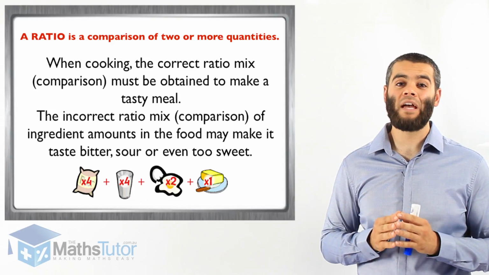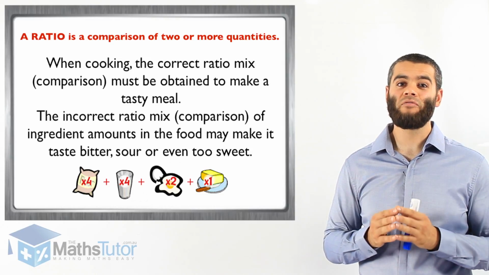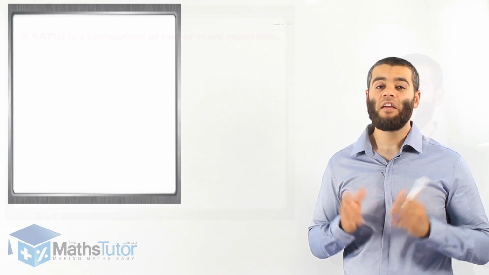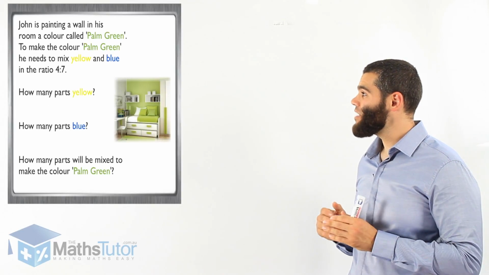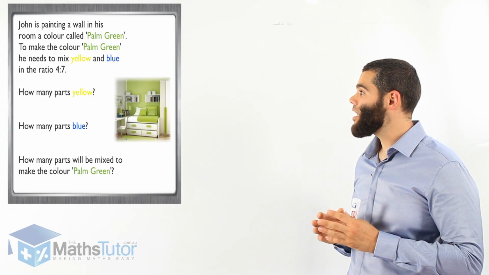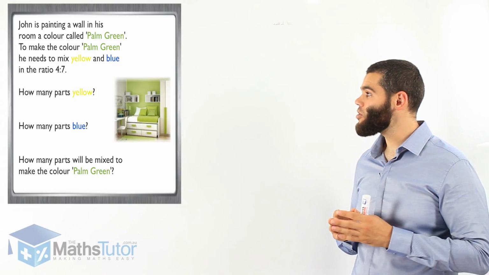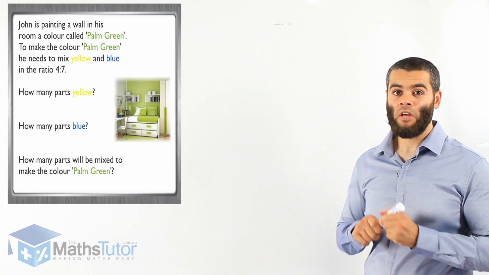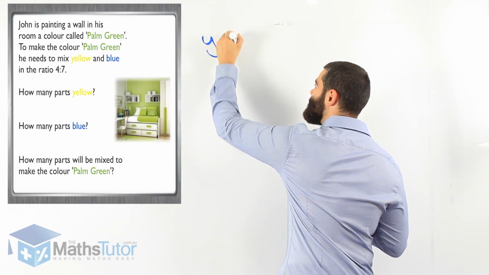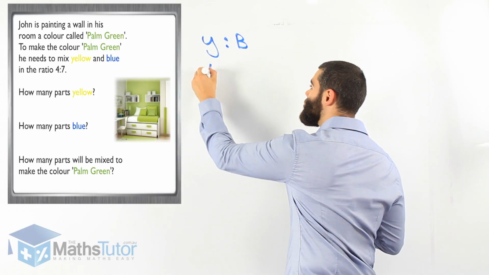Now we're going to look at some examples to see how ratios are used and how we can find the right ratio when we are working with them. Example 1. John is painting a wall in his room a color called palm green. To make the color palm green, he needs to mix yellow and blue in the ratio 4:7.